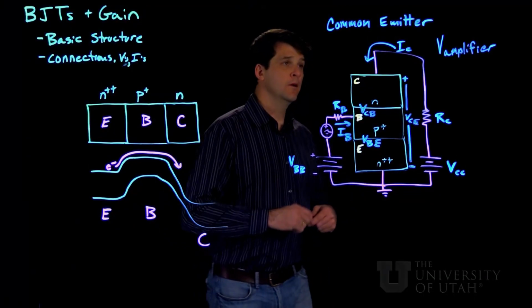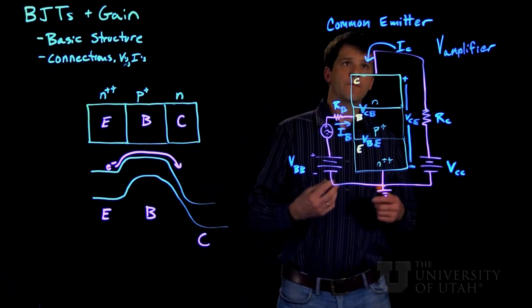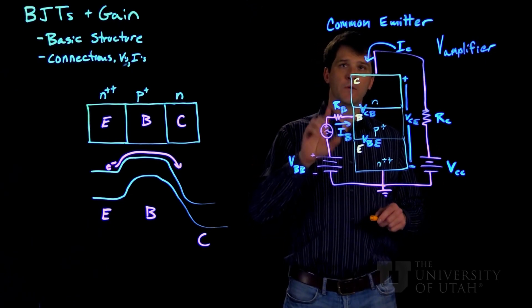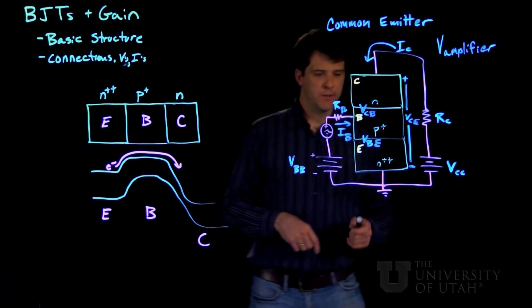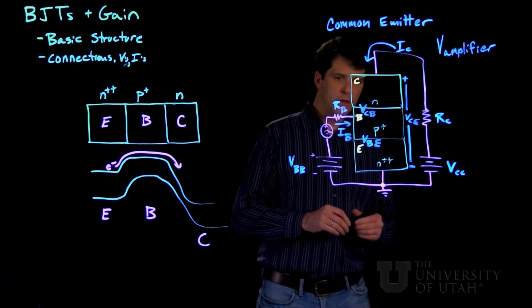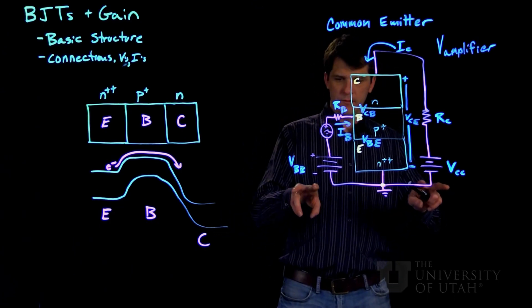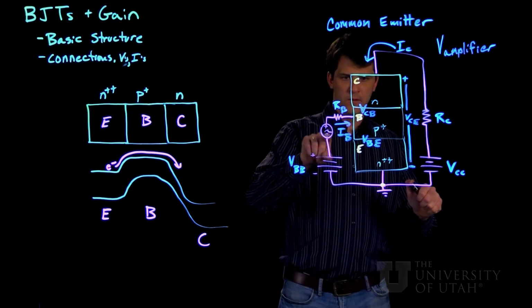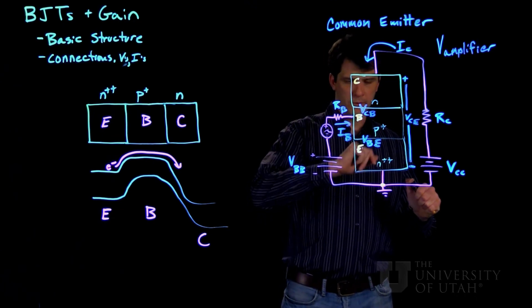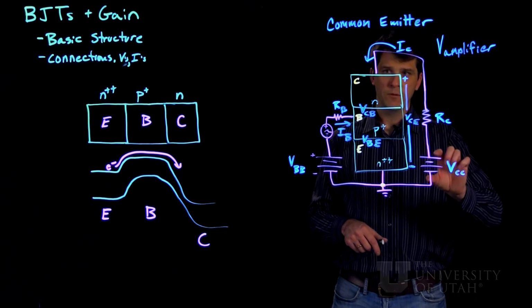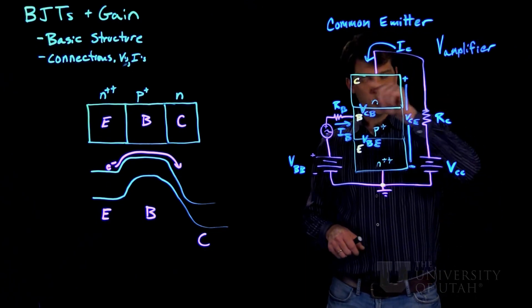So over on this side, I've drawn a diagram of the NPN BJT transistor connected in the common emitter configuration, which means that the emitter is connected to ground here. So we have two voltage sources. On the left here, the voltage between the ground and the base, which means between the emitter and the base, and then the voltage VCC between the emitter and the collector.